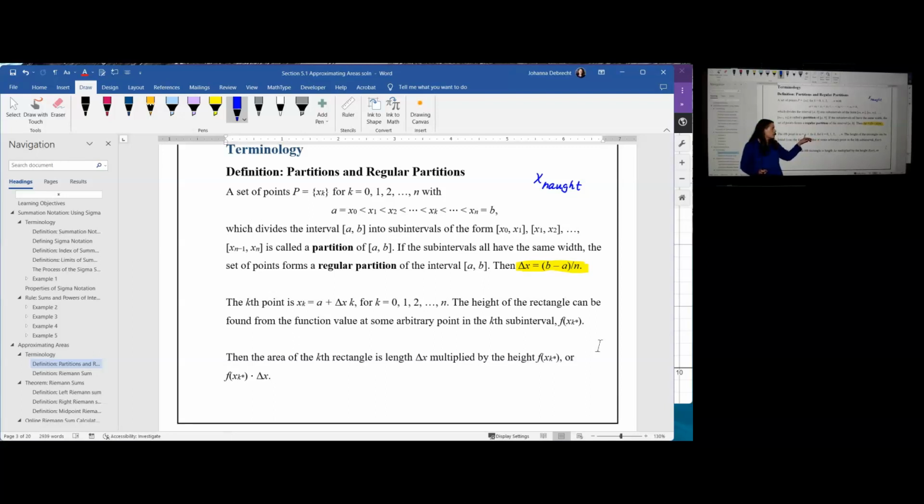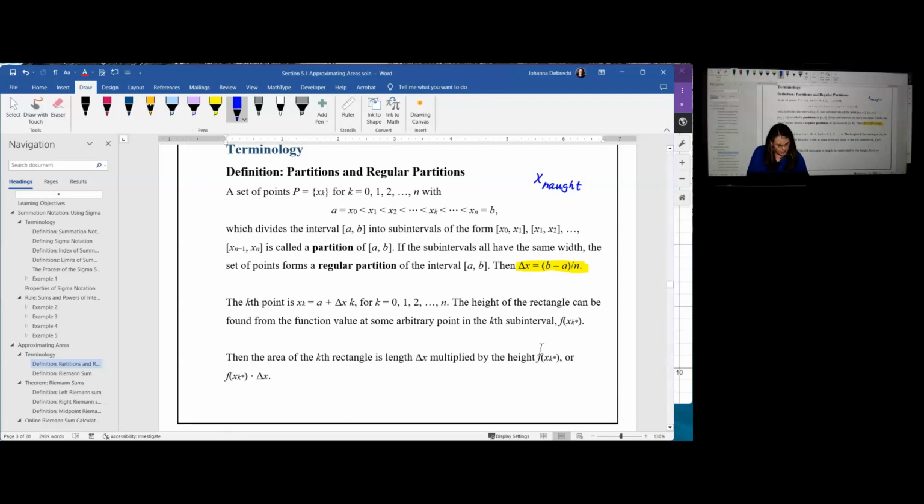Then x1 becomes a plus 1 delta x, the width of one interval, and x2 becomes a plus 2 delta x's. We can take the height of that rectangle at some arbitrary point in the kth subinterval. We tend to call this the point x sub k star, and we use an asterisk for the star. The height is given by the function value at that point, f of x sub k star.